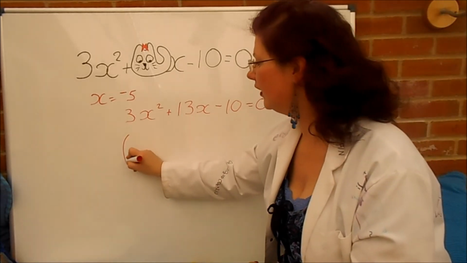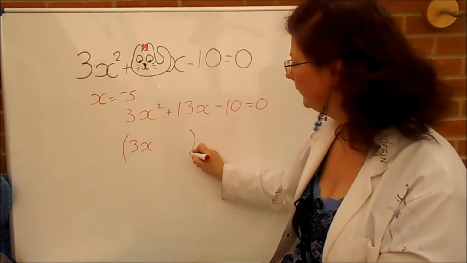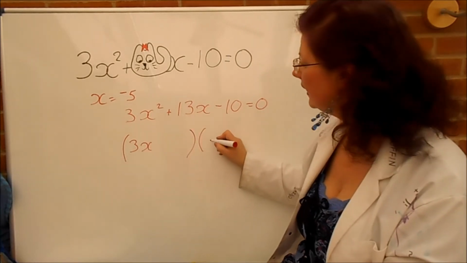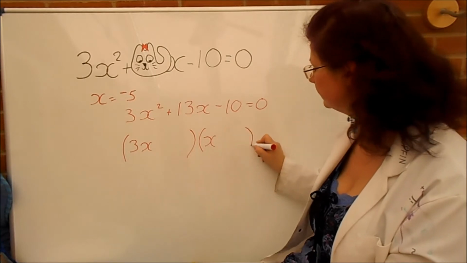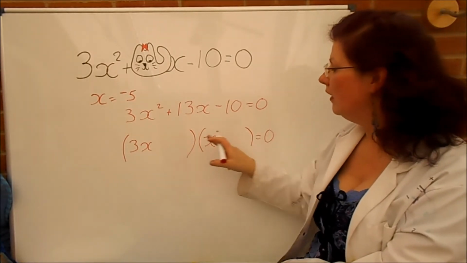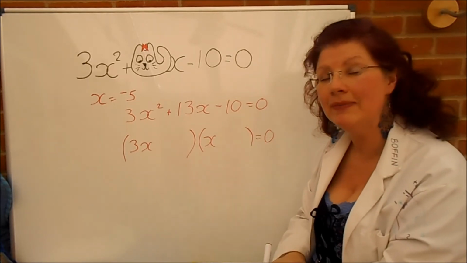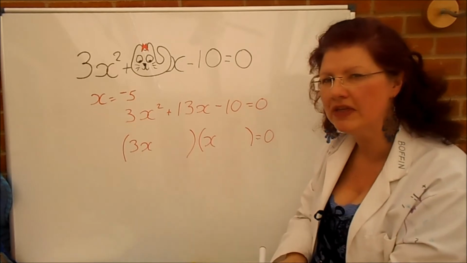So for our brackets, we know that one of the brackets has to be 3x, and the other bracket has to be x, equals 0. For the numbers at the end, we know that those two numbers have to multiply to make -10. That's the same as ever.